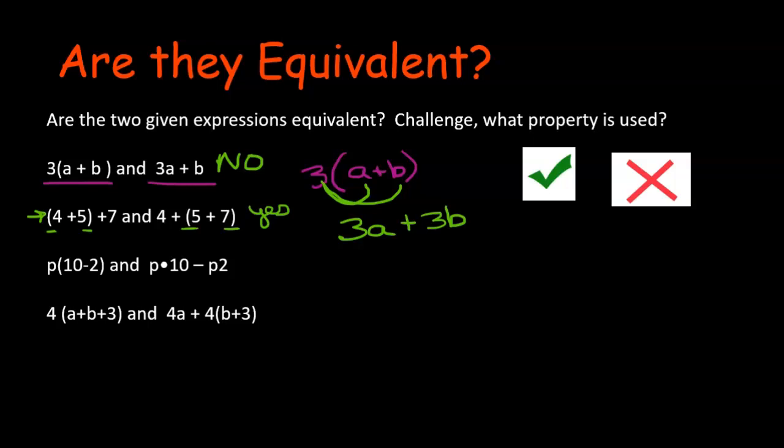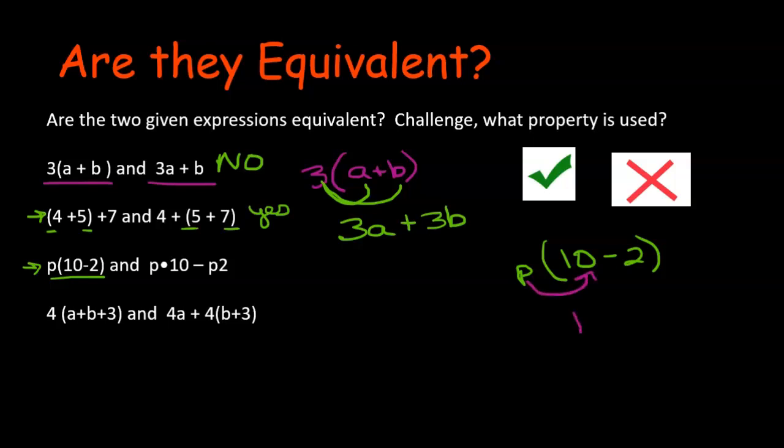All right, let's look at this next one. P times the difference of 10 minus 2 and P times 10 minus 2P times 2. Let's see. I think we're going to have to use the distributive property here. I'm going to rewrite this P(10 minus 2) and see what we get when we take P and multiply it by 10.